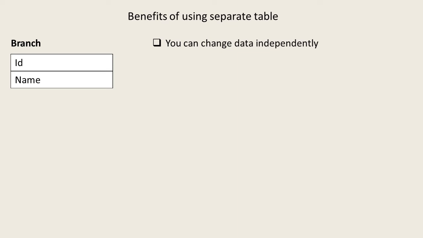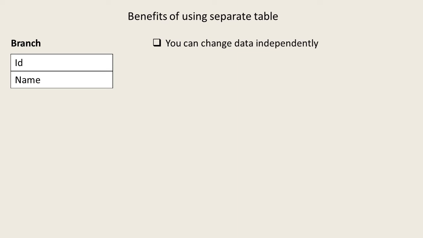Now, in the previous design, if you needed to change the branch name, you would need to go ahead and change it in all records in your table. And the biggest problem is not the job itself of changing it. The biggest problem, and this is coming from real experience with databases, is that you will almost always forget to do this.